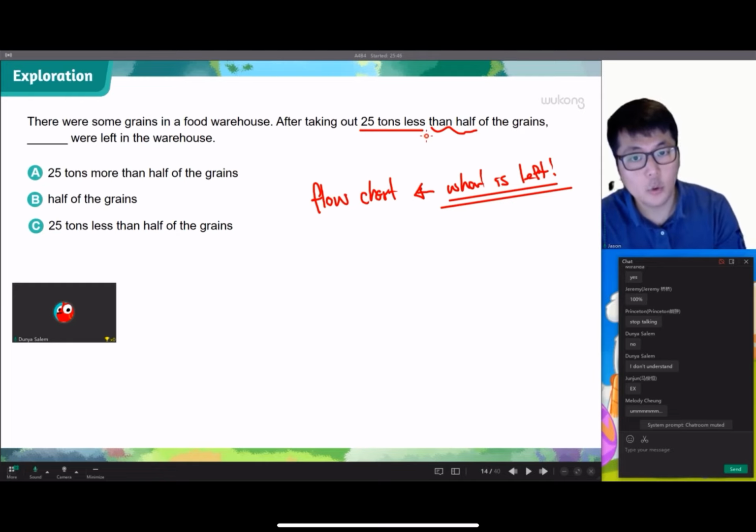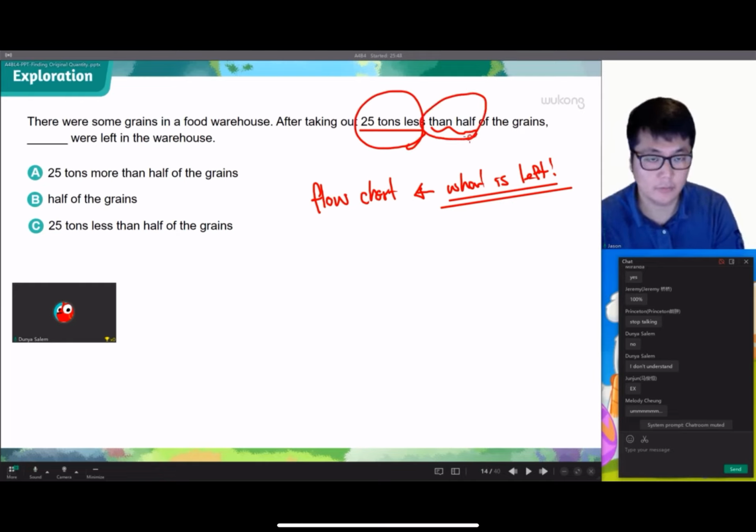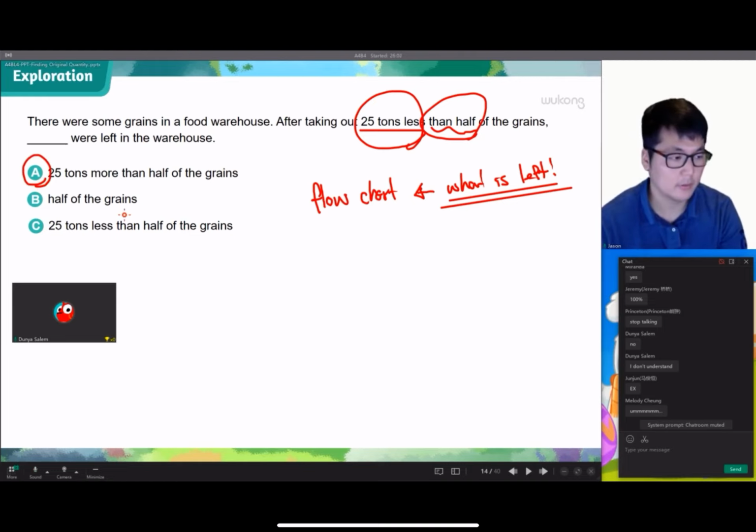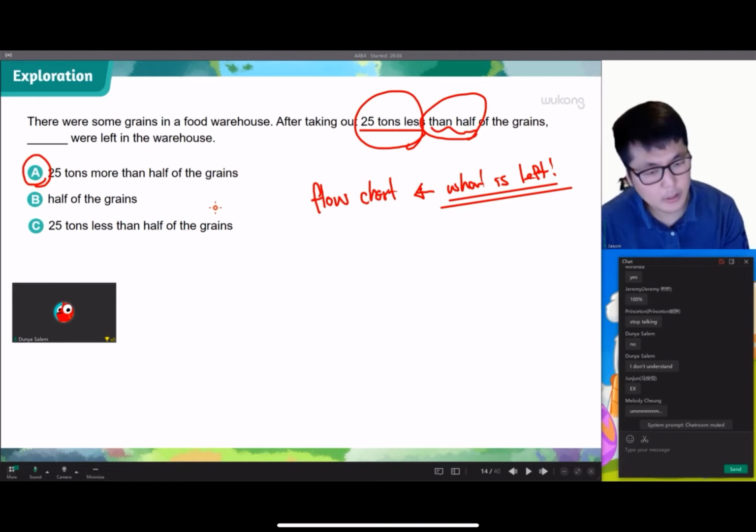You took 25 less than half. So how much is left? You're going to have 25 more than half. Isn't that right? Don't you think so? Mm-hmm. Are you sure?